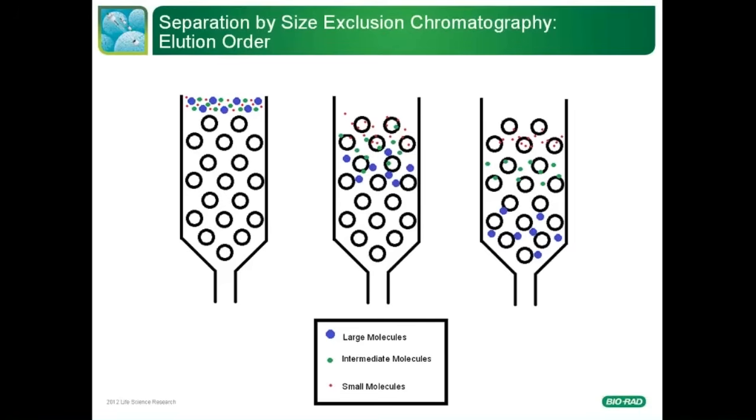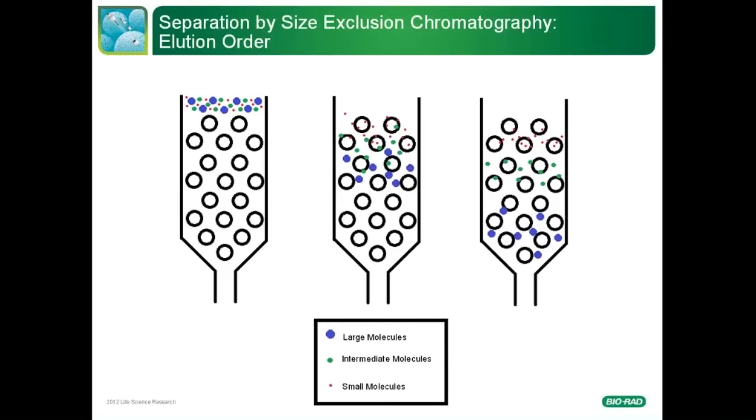Behind them are the green biomolecules that have partial access to the particles, so they take longer to move down the column than the blue ones, but faster than the red biomolecules, which have full access to the internal volume of the pores and take much longer to go into the particles and come out and move down the column.